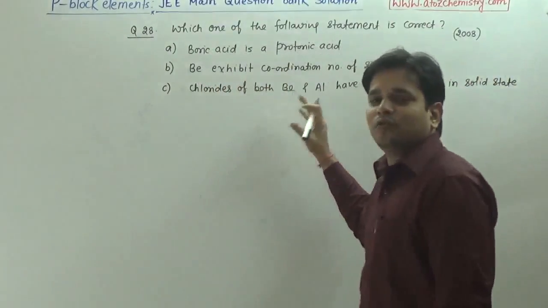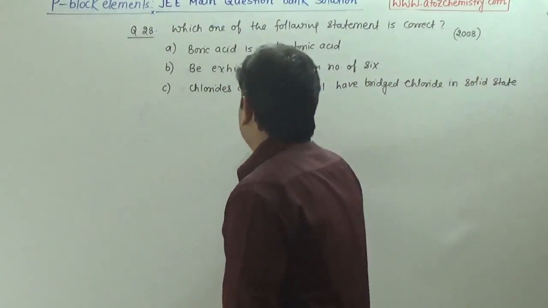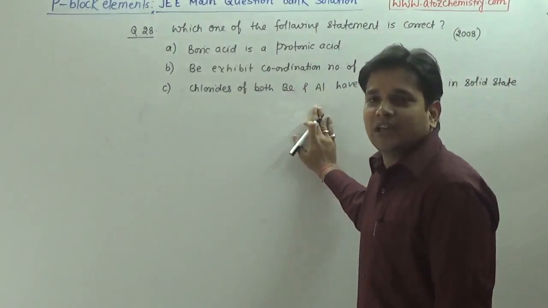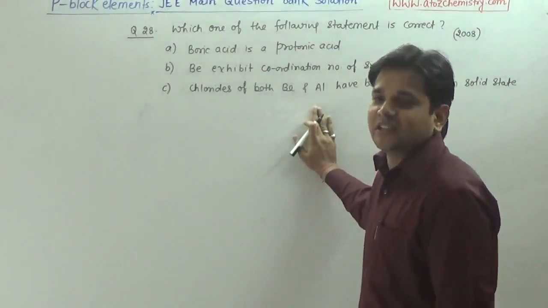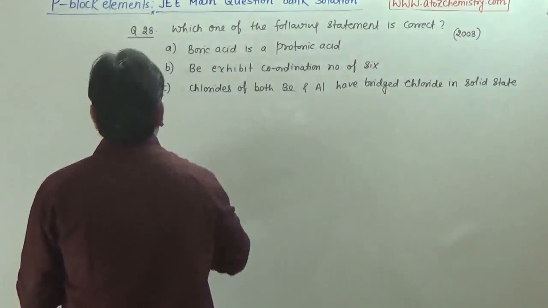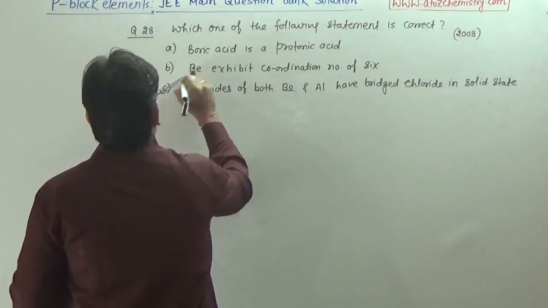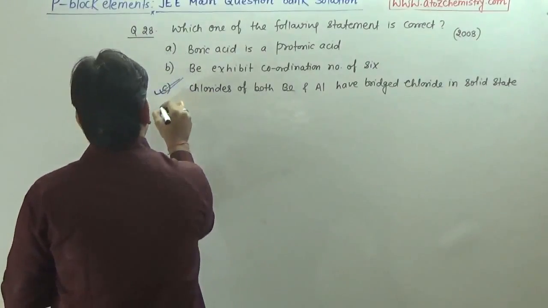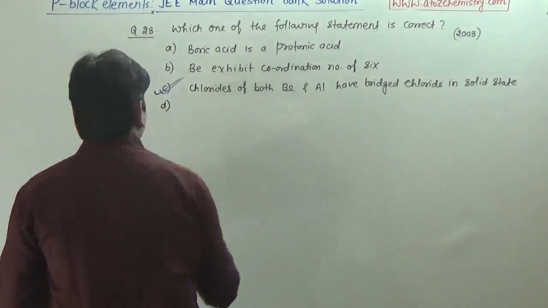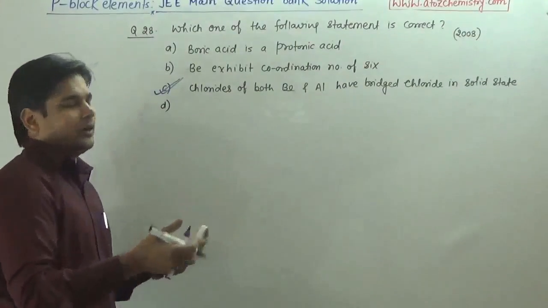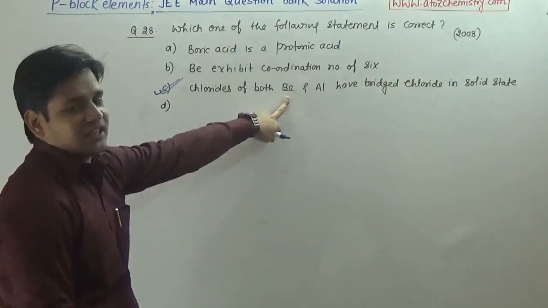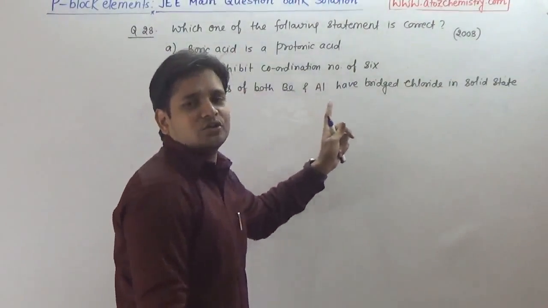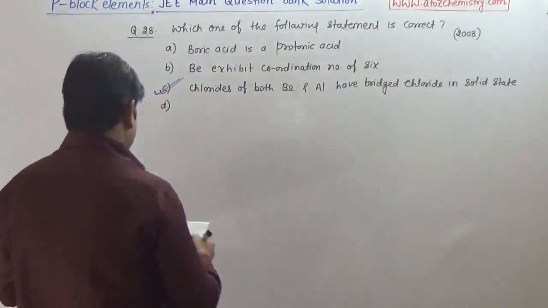Beryllium BeCl2 forms a polymeric (BeCl2)n, whereas aluminum AlCl3 forms Al2Cl6 in solid state due to less number of electrons with beryllium and aluminum, and that's why they undergo polymerization, or you can say dimerization. In case of beryllium, polymerization occurs. In case of aluminum, dimerization occurs through 3 center 2 electron bond to complete their octet.